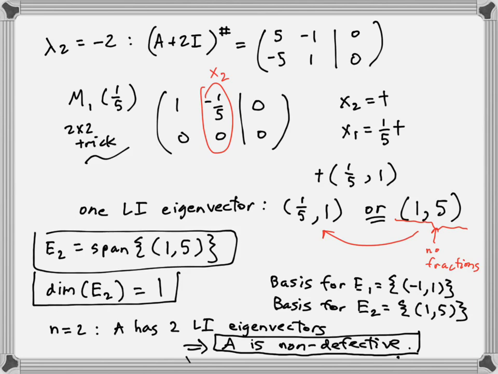Remember our two linearly independent vectors, they're right here. If you put them together, that gives us an eigenbasis. Because they're all real components, it's an eigenbasis for R2.